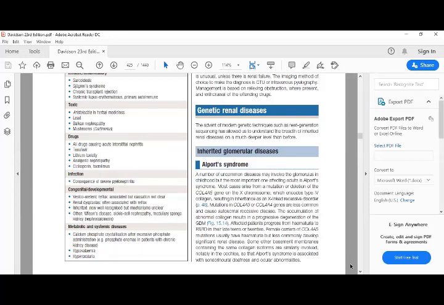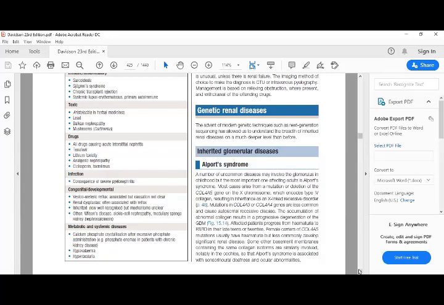Affected patients progress from hematuria to end-stage renal disease in their late teens or 20s. Female carriers of COL4A5 mutations usually have hematuria, but less commonly develop significant renal disease.